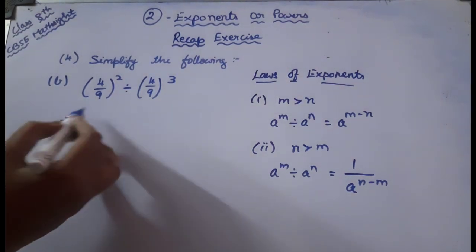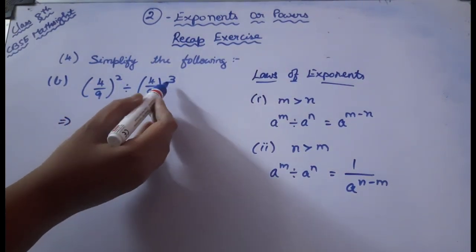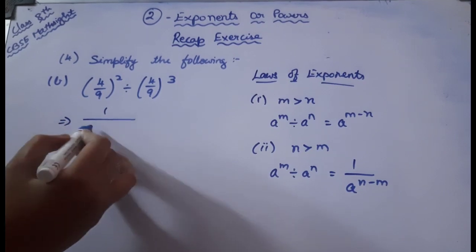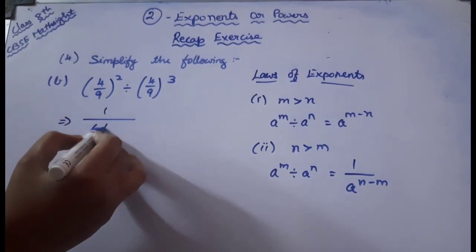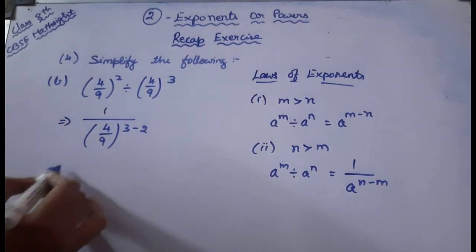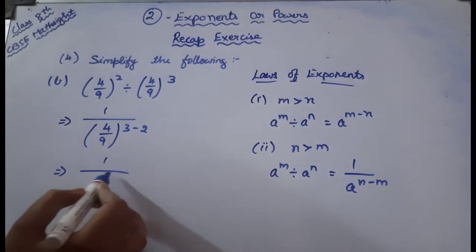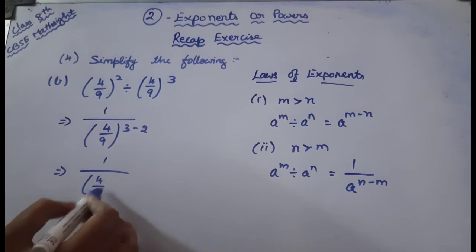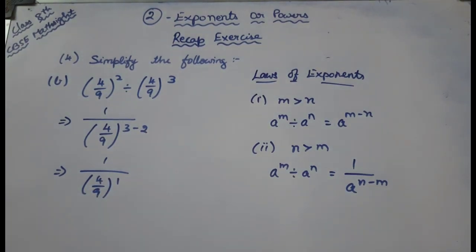So 4 by 9 to the power of 2 divided by 4 by 9 to the power of 3 can be written as 1 divided by, here the base is 4 by 9, 3 minus 2. So the next step is 1 divided by 4 by 9 to the power of 1. So 3 minus 2 is 1.